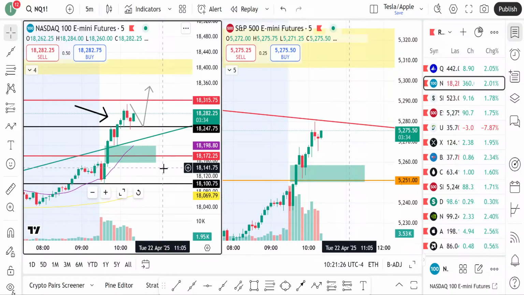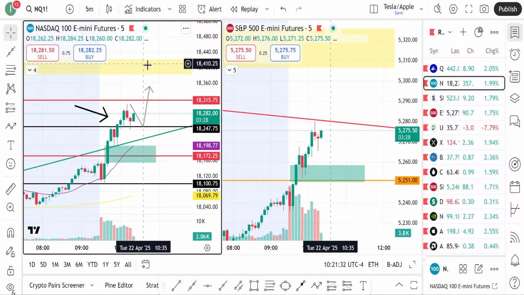It looks like buyers haven't given up yet. I still think we could make it all the way up here.